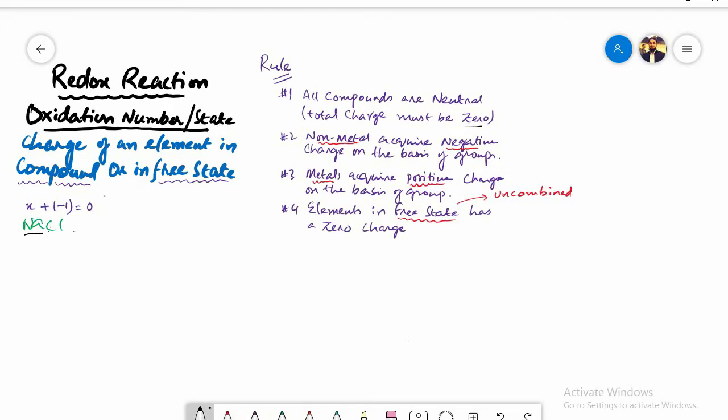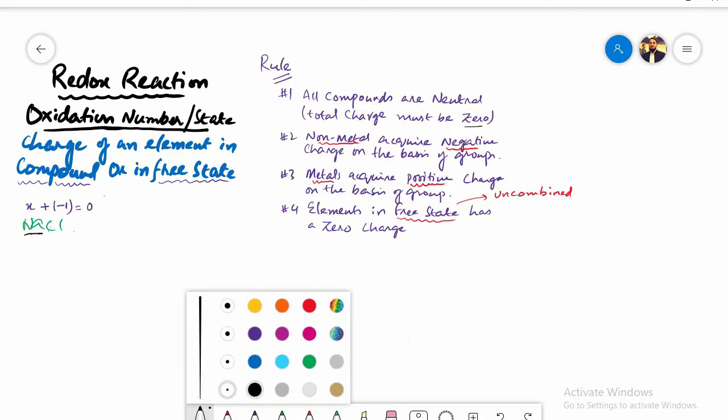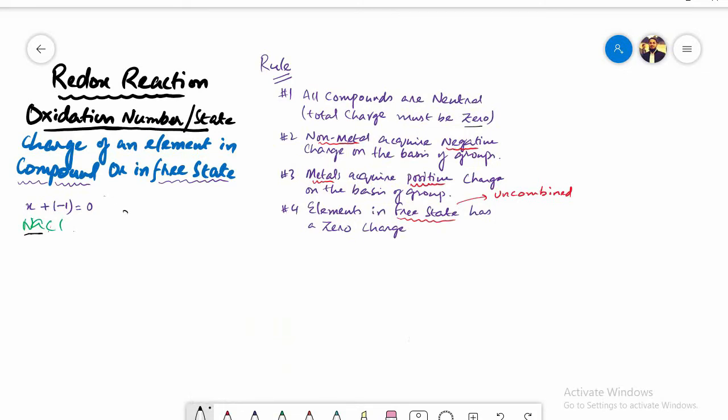Since you have got the equation, the rest is basically mathematics. So x plus (minus 1) equals 0, and x is equal to 1. There is no charge written with 1, so we can say it's 1 plus, otherwise a negative sign is left for the oxidation states which are negative.